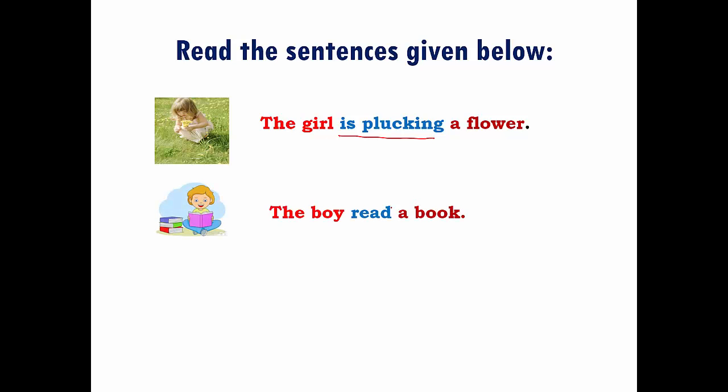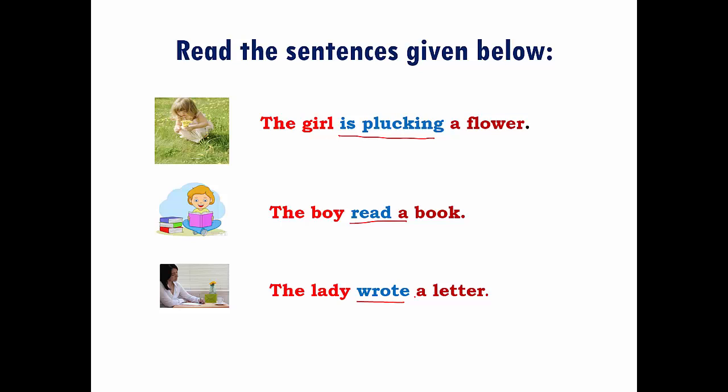The next sentence reads, the boy read a book. And here, read is your verb. The next sentence goes like this, the lady wrote a letter, and wrote is your verb. Kindly note all these three sentences. The girl is plucking a flower, the boy read a book, and the lady wrote a letter.